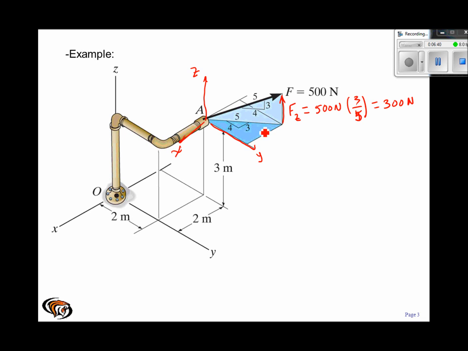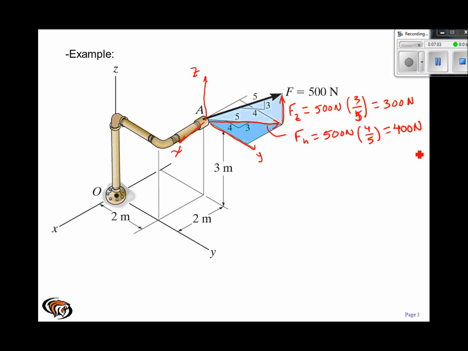And then the horizontal component, or the component on the XY plane, which is going to be equal to 500 newtons, 4 over 5, or 400 newtons.